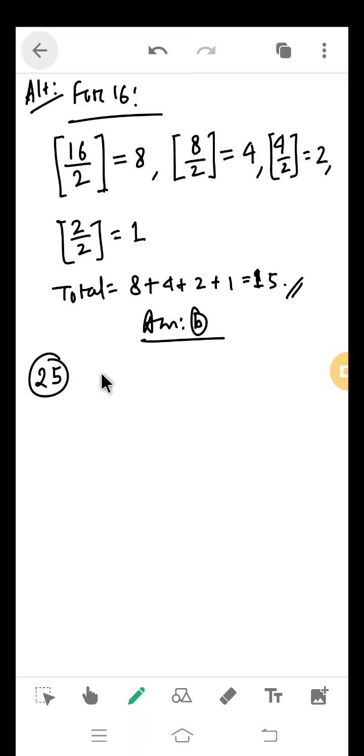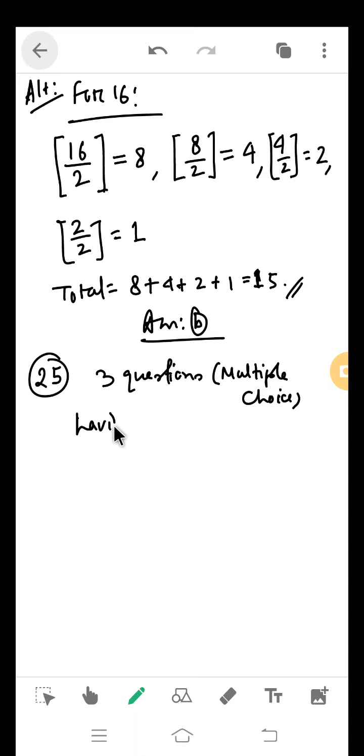See, there are 3 questions of multiple choice, having 4 options. Then now you have to find out how many ways a student can fail to get all correct.